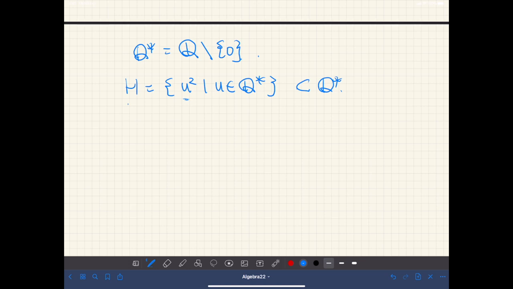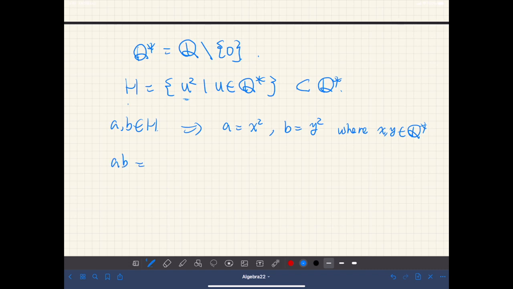To see this, we again apply the subgroup criterion. Let's say A and B are elements of H. That means A can be expressed as the square of some non-zero rational number x, and B can be expressed as the square of some non-zero rational number y.